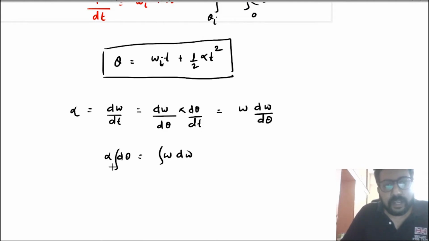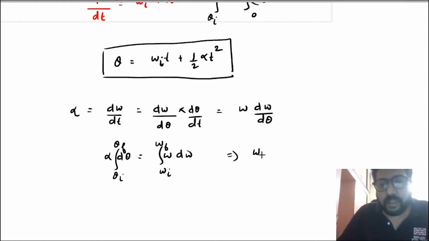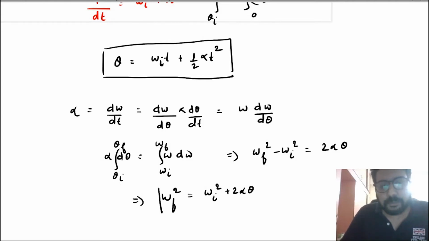If you integrate, initially omega was omega initial and the position was theta I, and the final angular velocity omega final, the position is theta f. So from this you will get omega final square minus omega initial square is equal to 2 alpha theta, where theta is the final position minus initial position, that is the angular displacement. So you get the relation omega final square is equal to omega initial square plus 2 alpha theta.